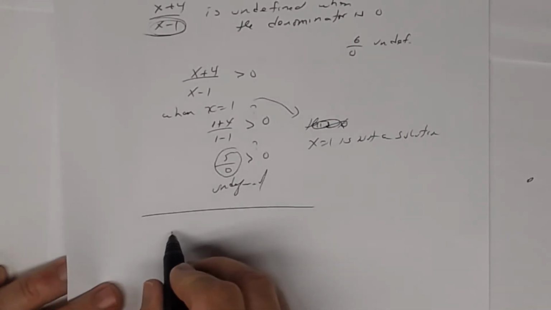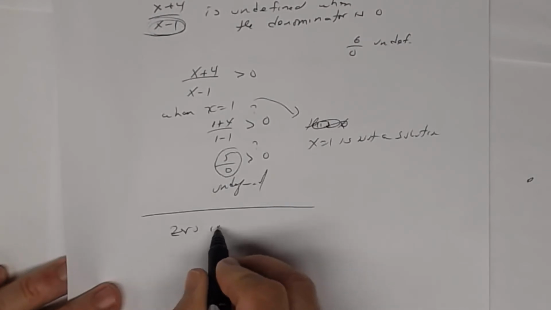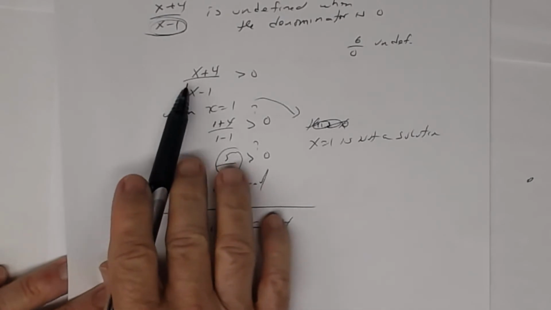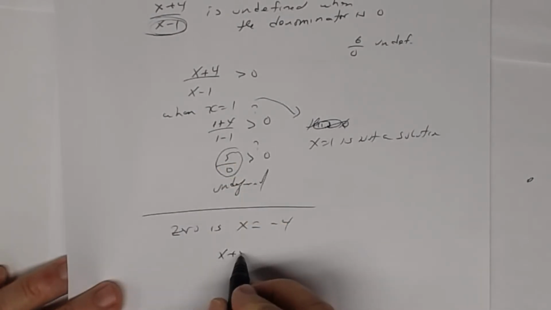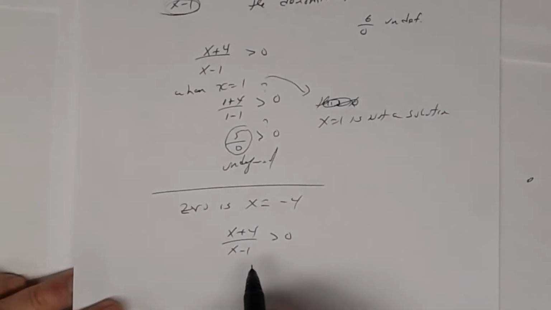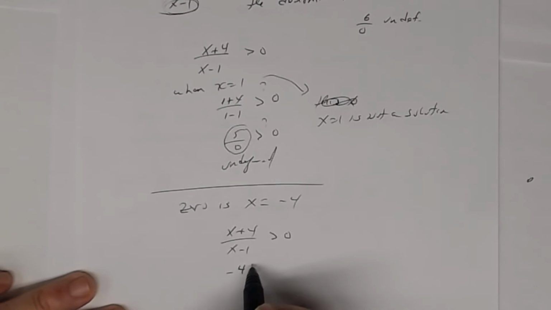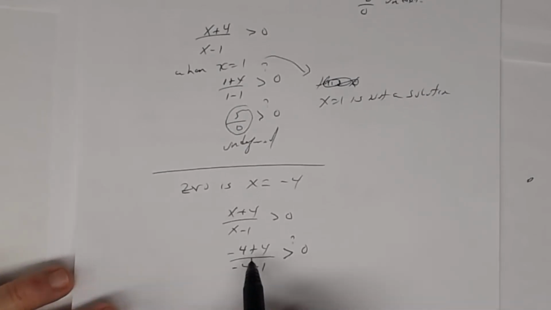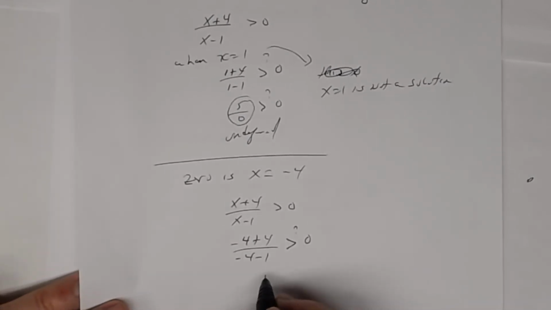Okay, so the 0 in this case is x equal -4. So let's go ahead and rewrite this over again. X plus 4 divided by x minus 1 is greater than 0. So when I substitute -4 in here, here's what I get. -4 plus 4 divided by -4 minus 1, and the question is, is this greater than 0? Well, -4 plus 4 is 0, right?